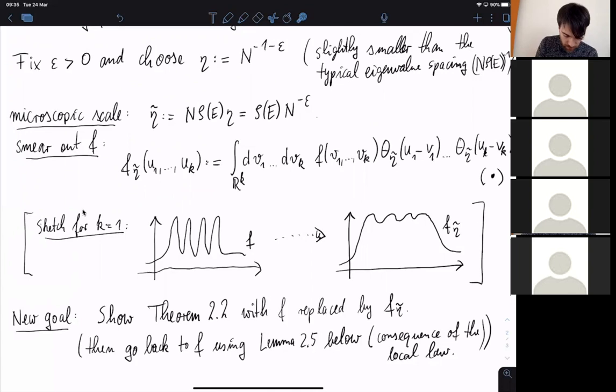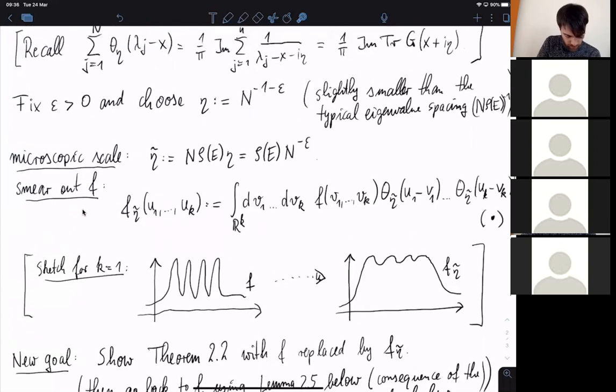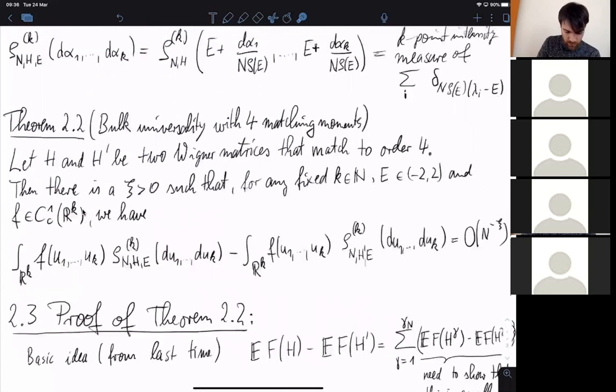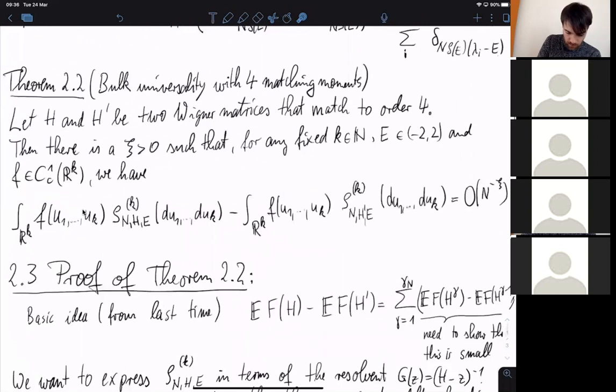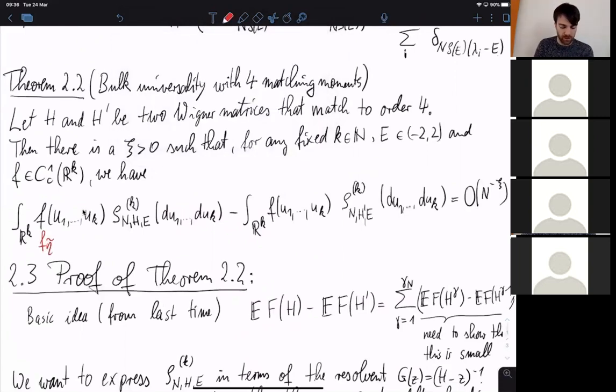If I test this function f eta tilde as we have to do in theorem 2.2, I have to test it against the local k-point intensity measure.